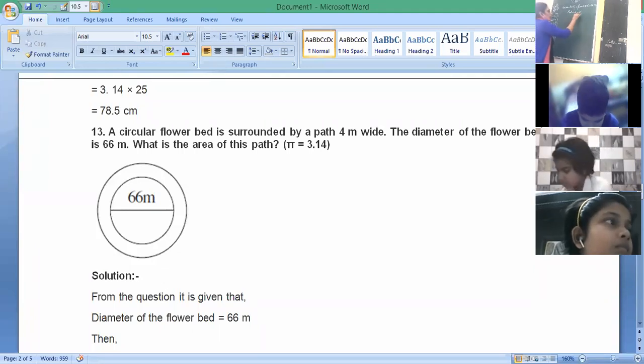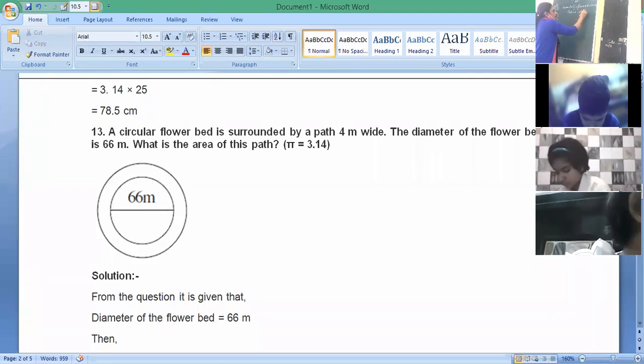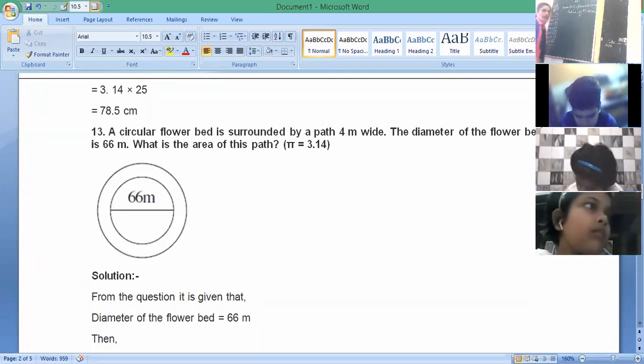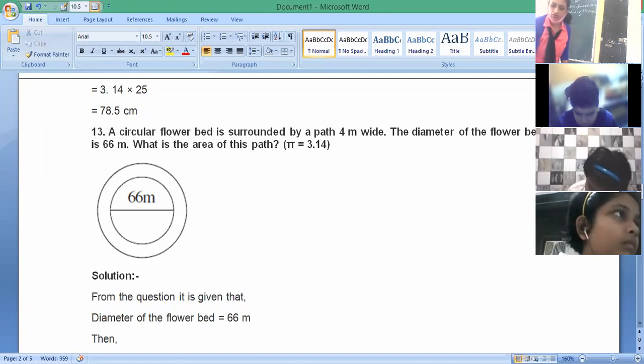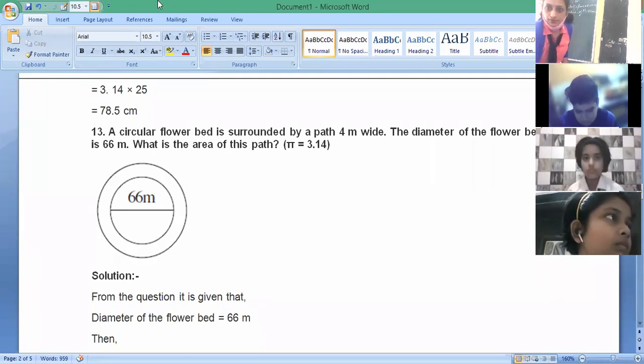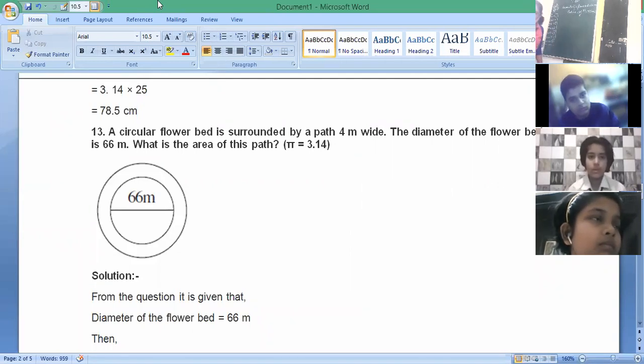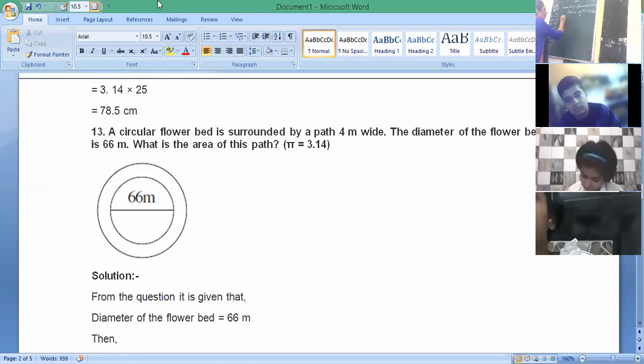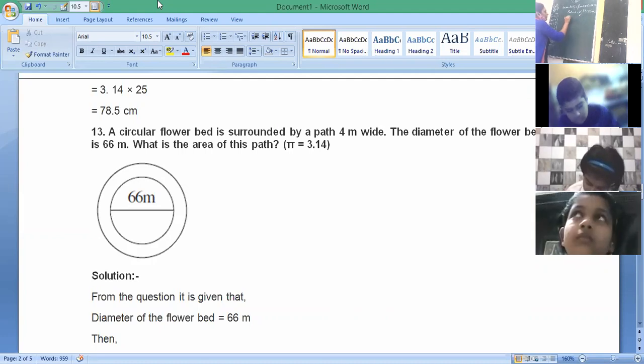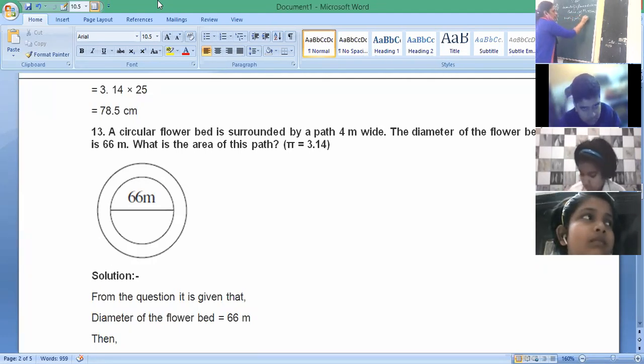So 33 meters will be your radius. Now the width of the path is given as 4 meters in your question.